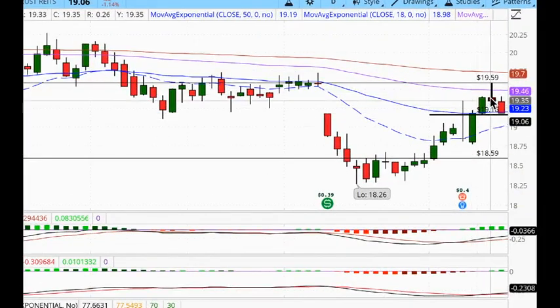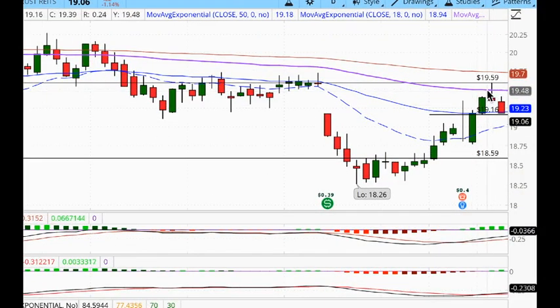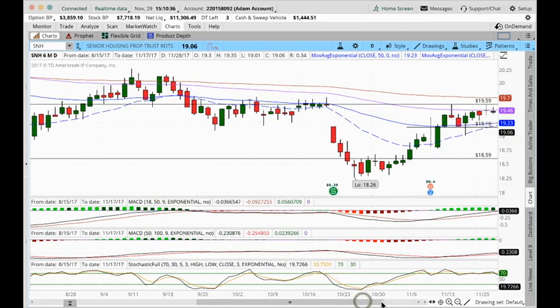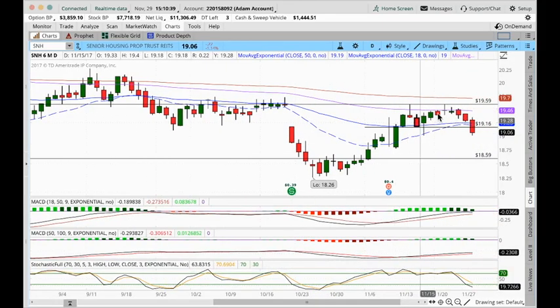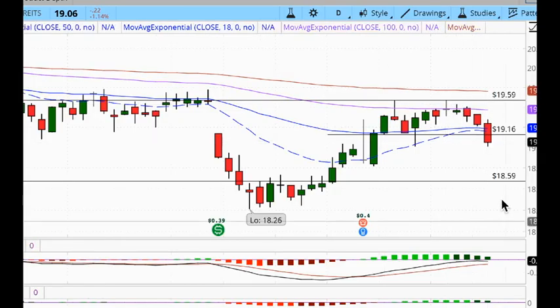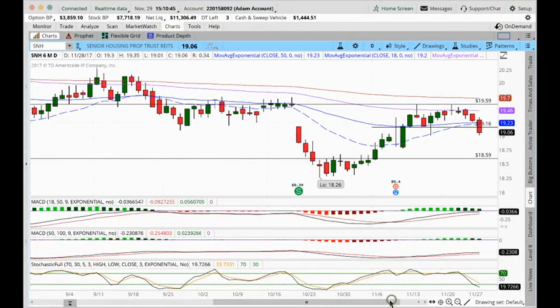So you can see it was bouncing off this moving average, which is the 100 moving average, and it created a confirmation candle over there, right? So I shorted it over there, and you can see that again, this was a valid trade. And indeed, it went up slightly. It almost hit my stop loss, did not hit my stop loss, and now it's coming back down, right? So looks like it could be a winning trade.